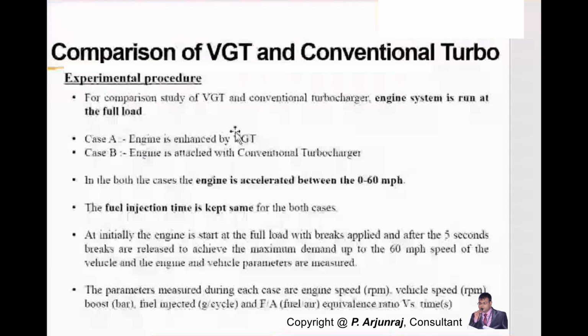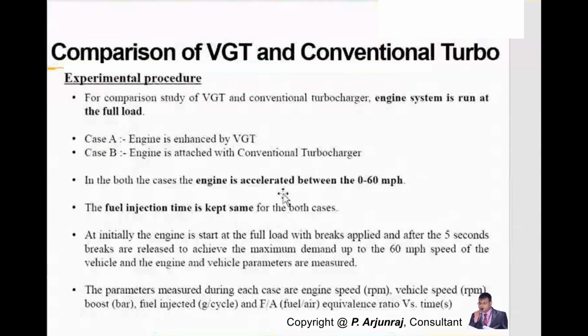So here, in both cases, the vehicle is also accelerated from 0 to 60 miles per hour. Even this condition remains the same. And the fuel injection time is also kept the same for both cases. This is very important. When you have the same conditions, only then can you understand whether variable geometry is better or the old conventional turbo is better, and in what aspect one is better than the other.